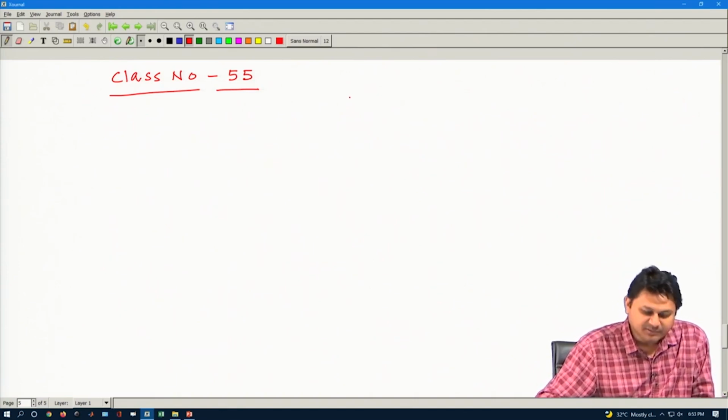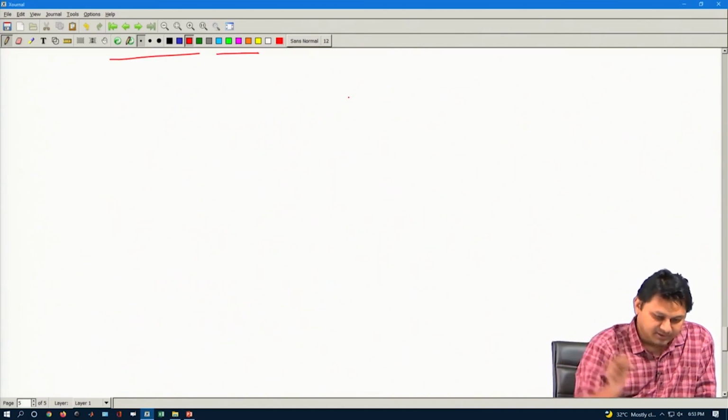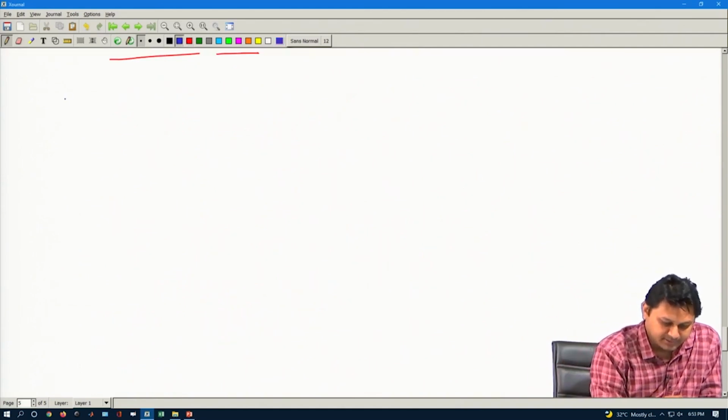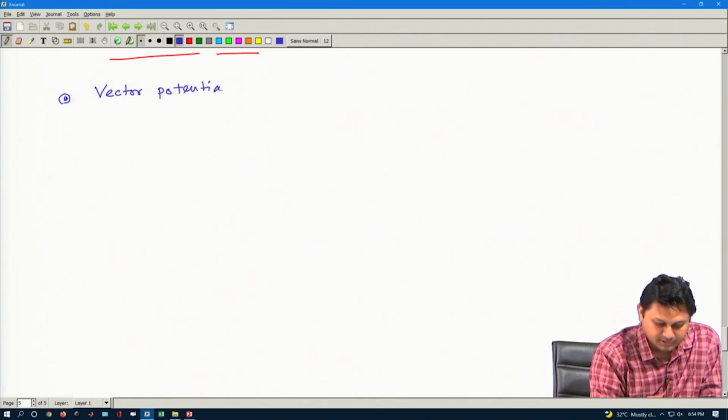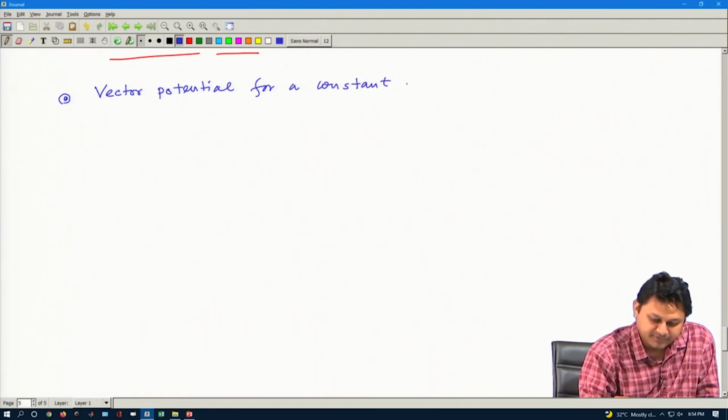In the last class we calculated the magnetic vector potential for a few cases. Today we are going to do another thing: try to find out the vector potential for a constant magnetic field.